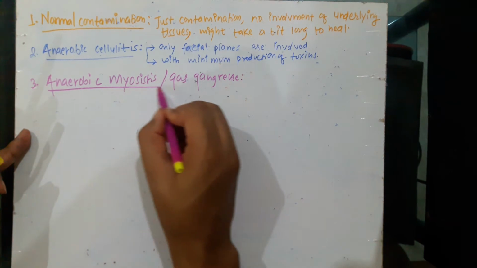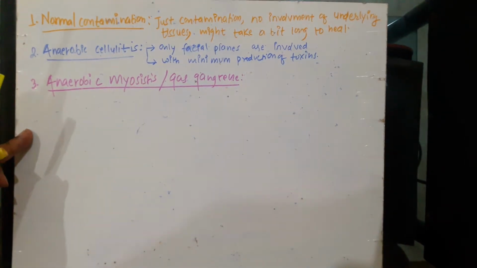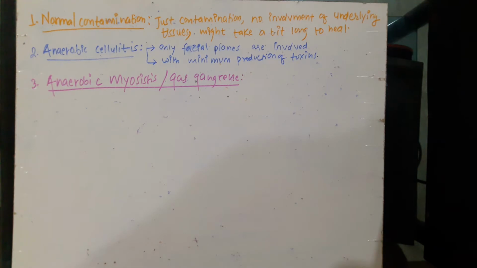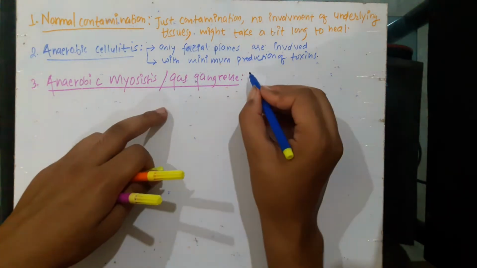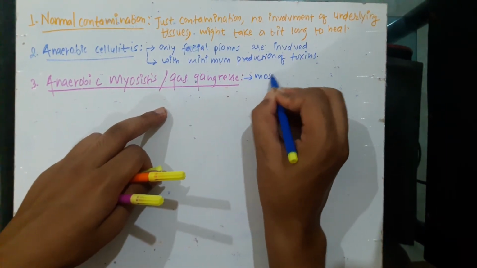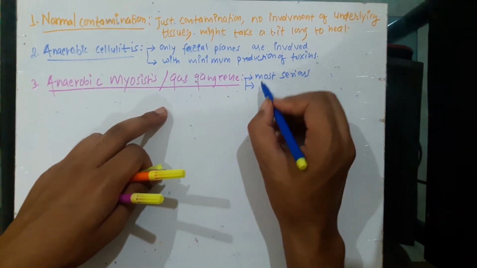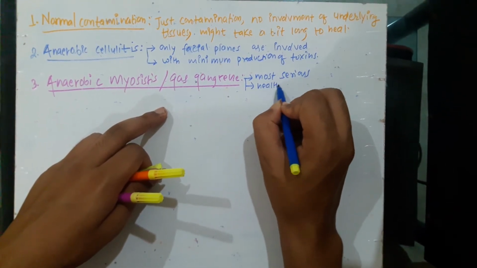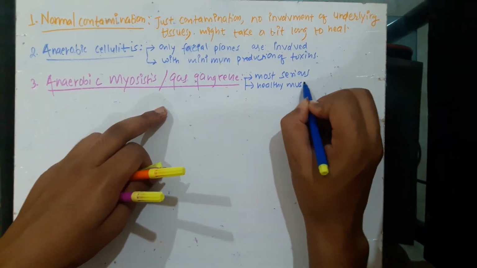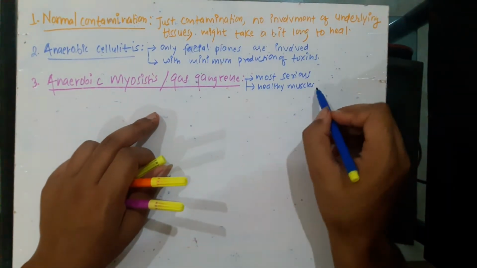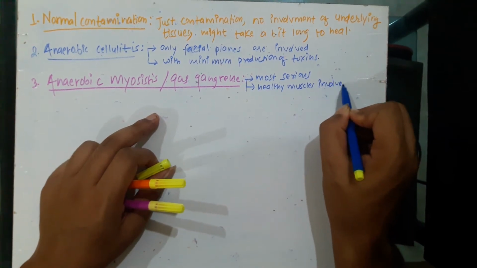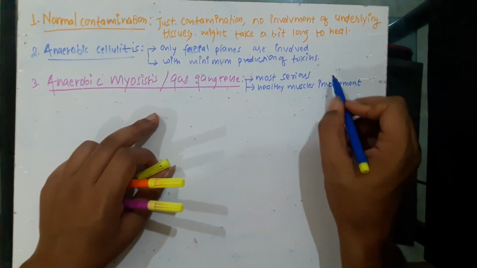It is the most serious, with involvement of healthy muscles and abundant production of the toxins. The healthy muscles are involved, and there is abundant toxin production.